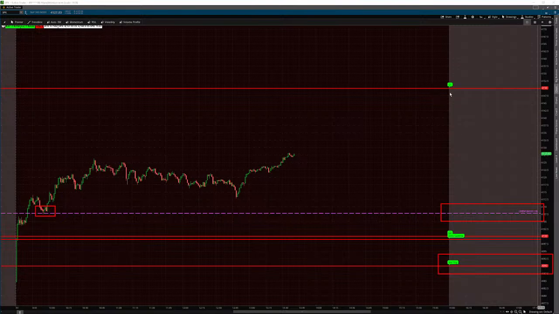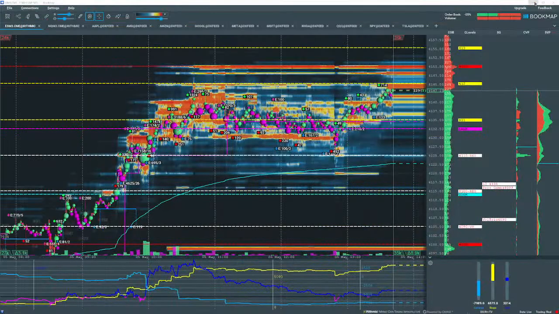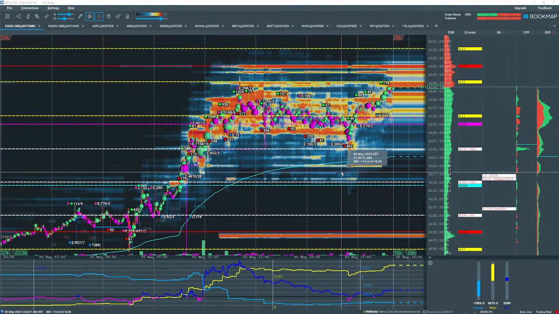And note here is the 4150 level up above, and the 4150 to 4200 level has acted as resistance quite a bit, for quite a while, I would say. All right, so here's a Bookmap, and we can see some similar levels.